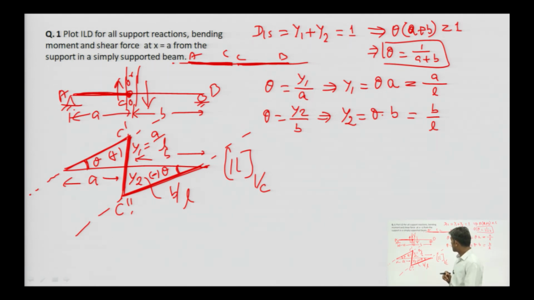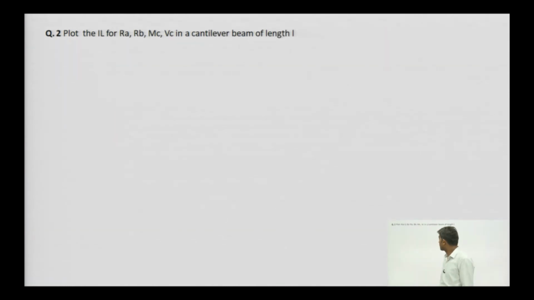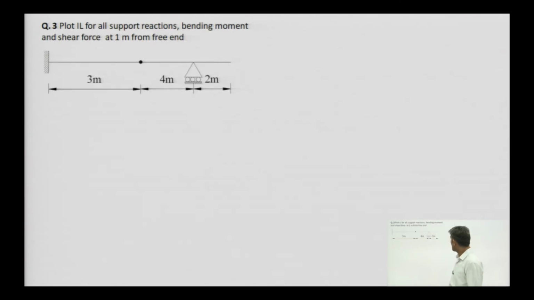So, through this example, the steps to plot the IL have been explained to you. Okay. Let us apply the Mueller-Breslau principle in another example.